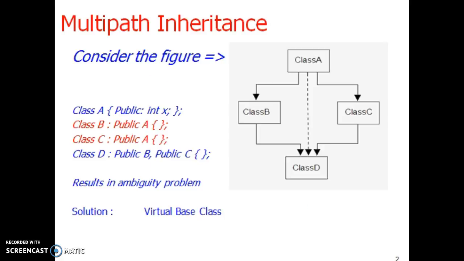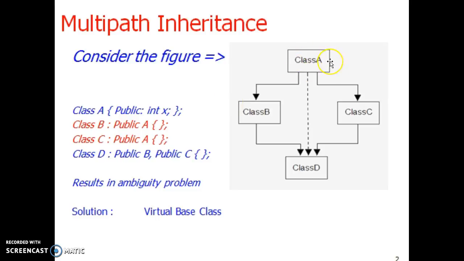As the name suggests, in multipath inheritance, a class is deriving features from a base class through multiple paths. That is, a derived class is going to inherit the features from the base class through multiple paths. Just see this diagram.